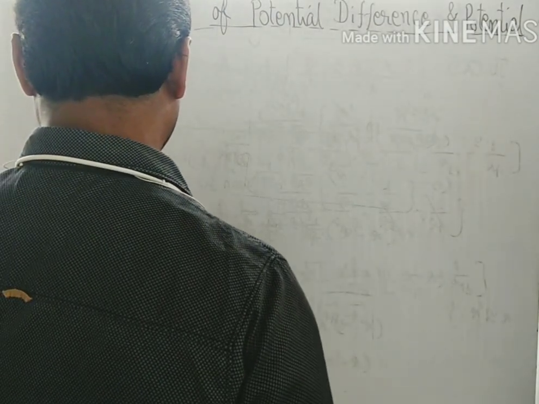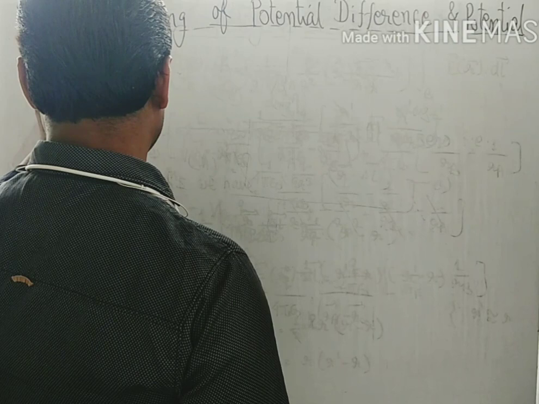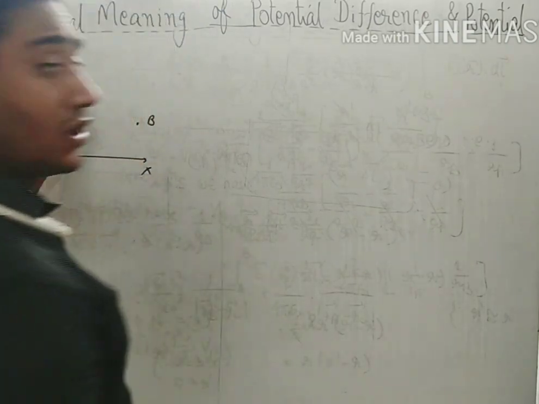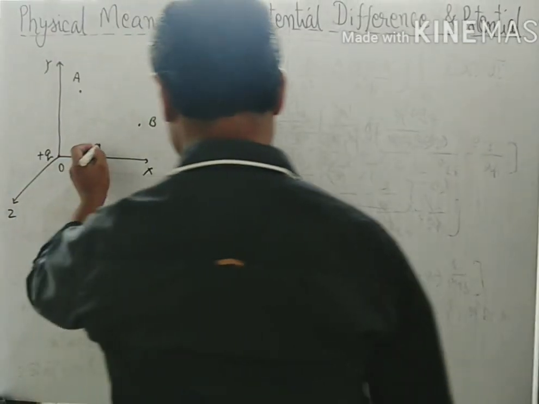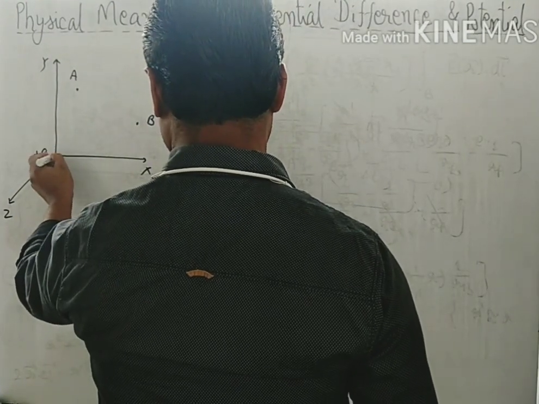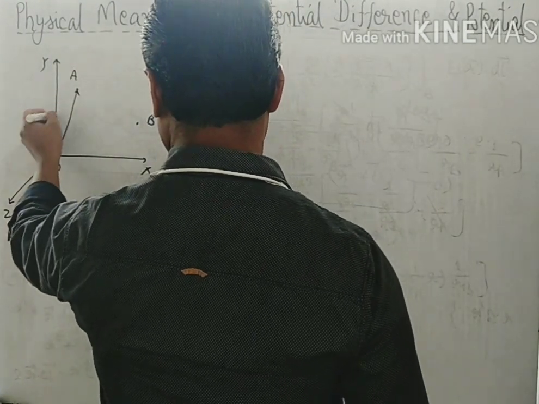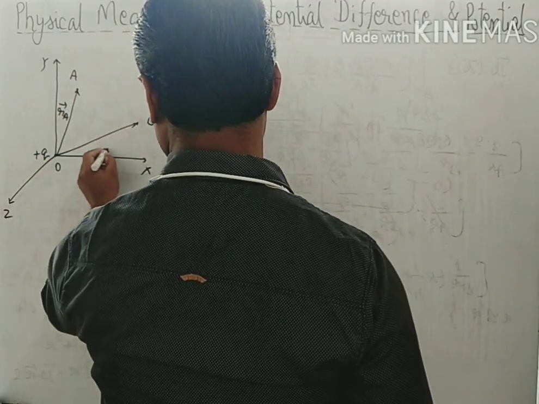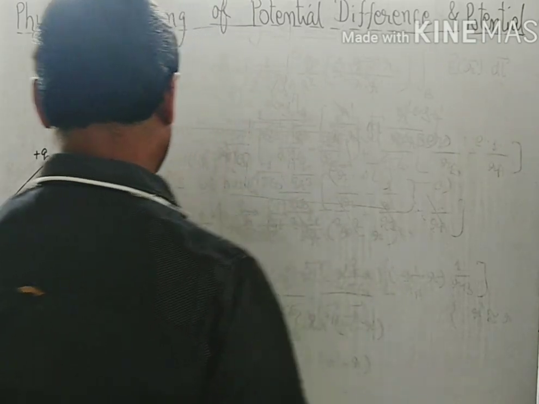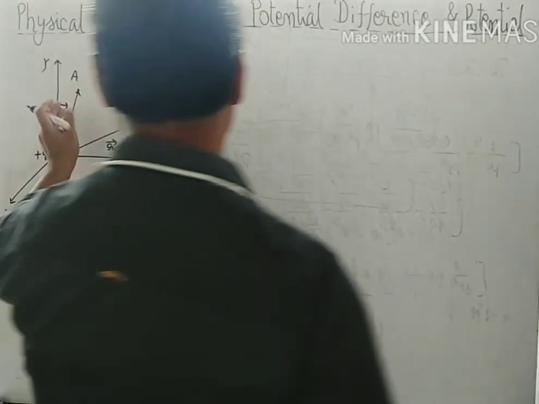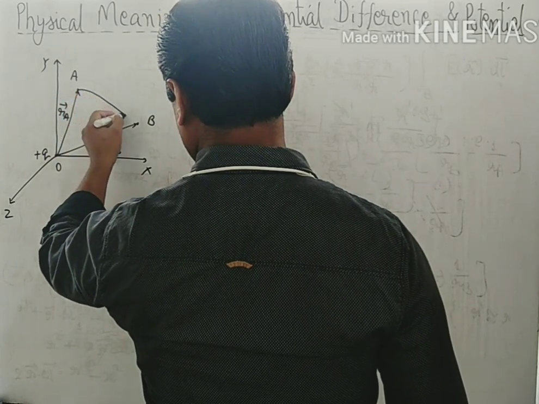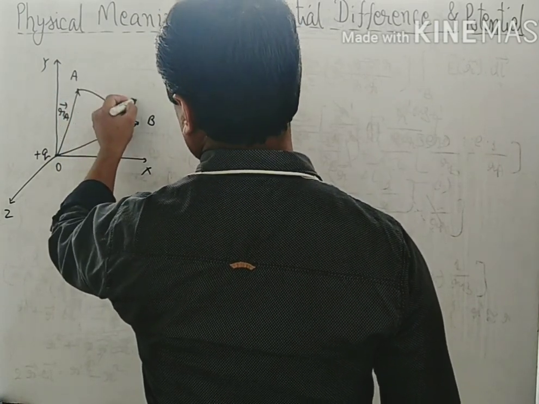Now suppose here we have 2 points A and B. So these are 2 points having position vectors RA and RB. So these are position vectors simply. Now just join them through any arbitrary path L.